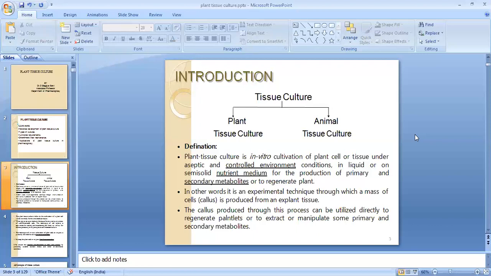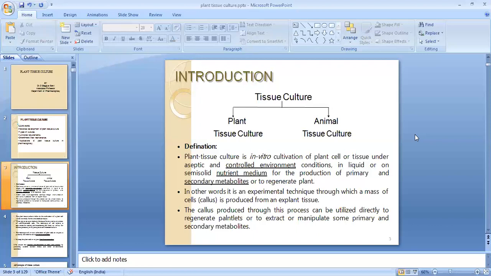In other words, you can say that it is an experimental technique in which a mass of cells, otherwise called the callus, that is a mass of undifferentiated cells, is produced from the explant tissue. Before going into that, you should know what you mean by an explant.